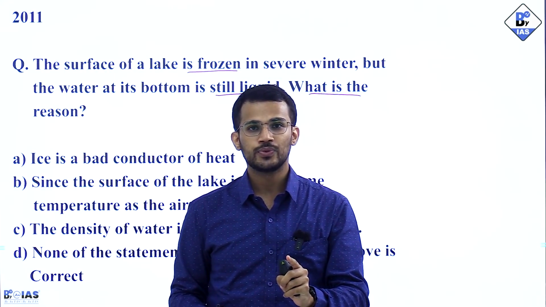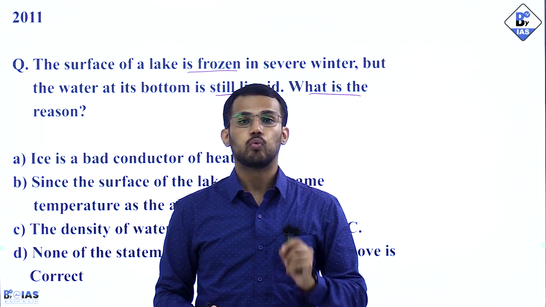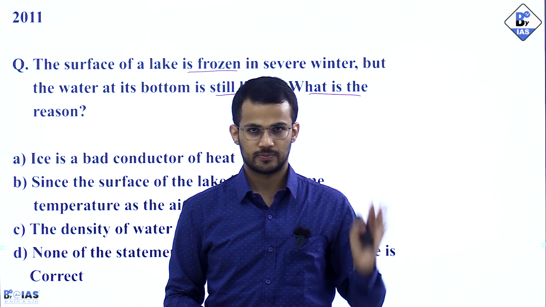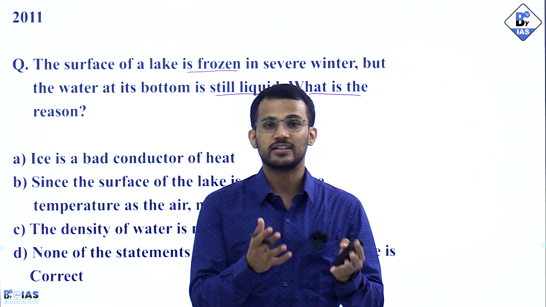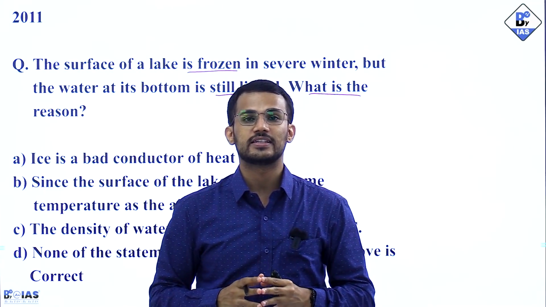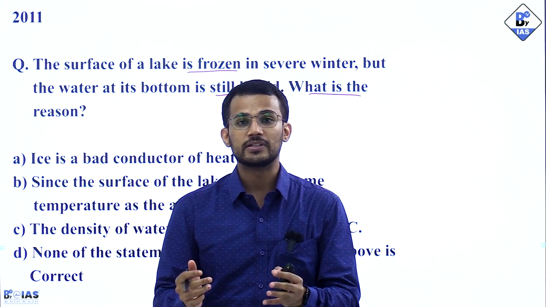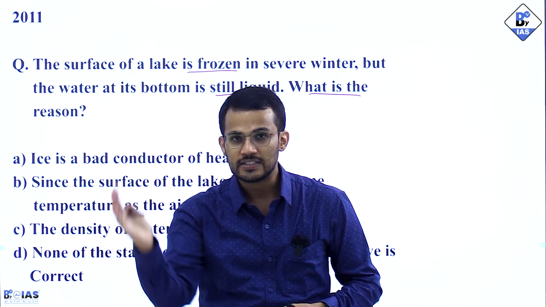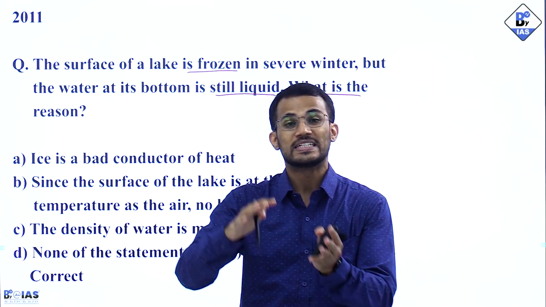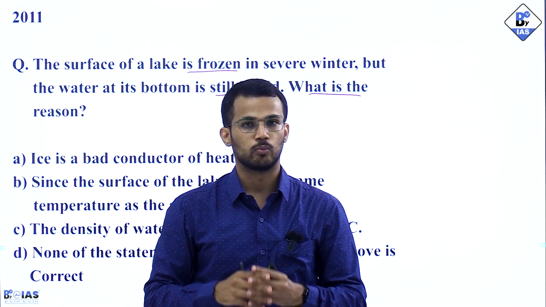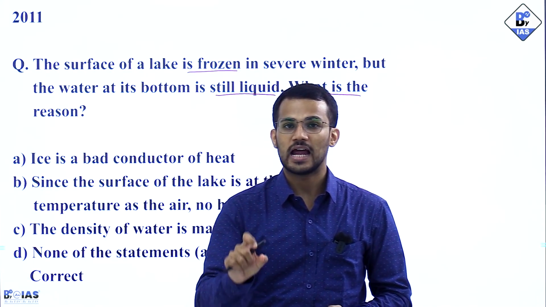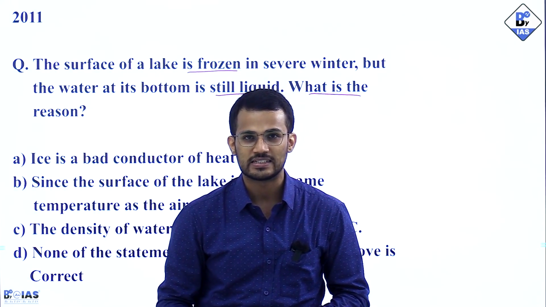And that's why the density of water at 4 degrees Celsius is highest. That means it will be heavier water, and that's why it will sink at the bottom of a lake body, right? So the heavier water is at the bottom, which is at 4 degrees Celsius.